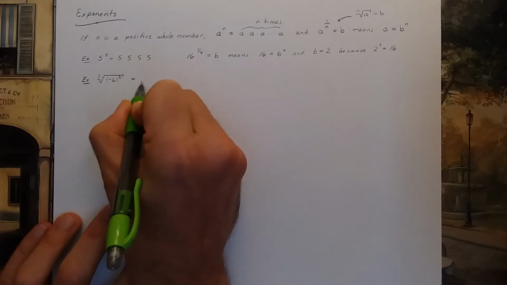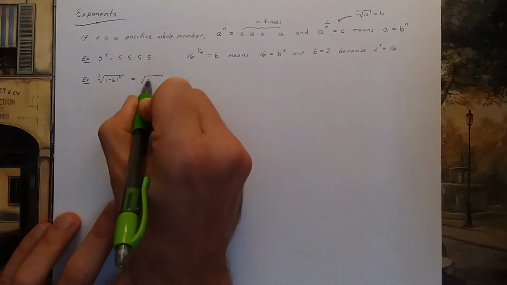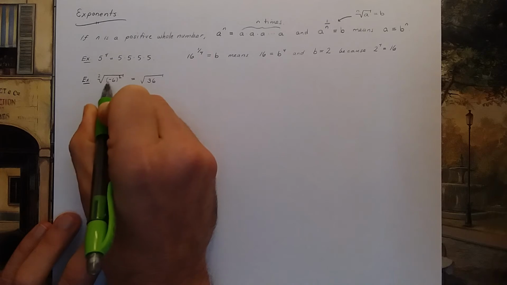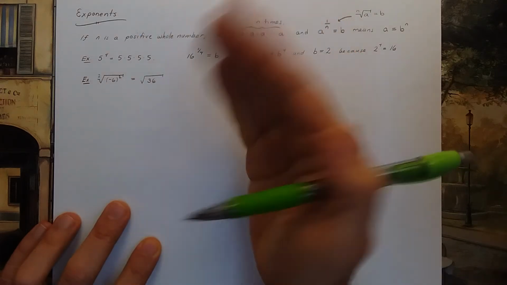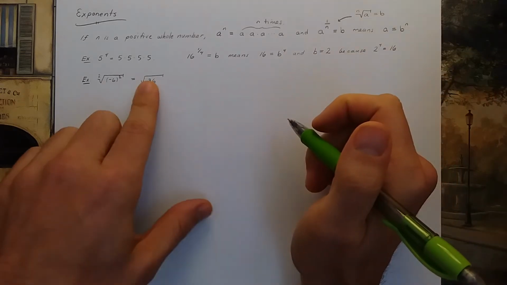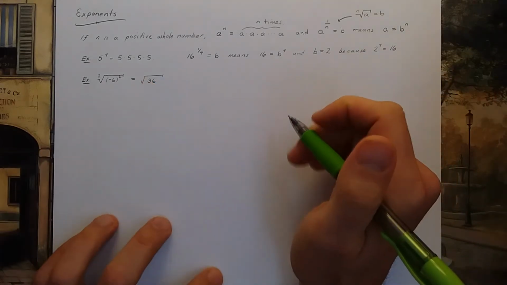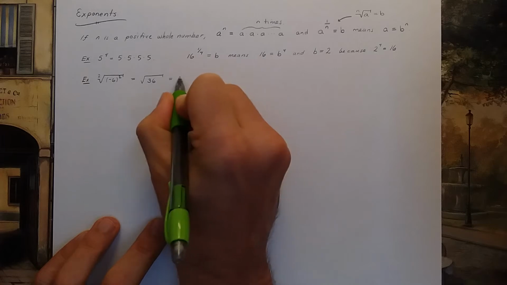So this is the square root of 36, because -6 squared is -6 times -6. The two negatives cancel. You get the square root of positive 36. And this is positive 6.